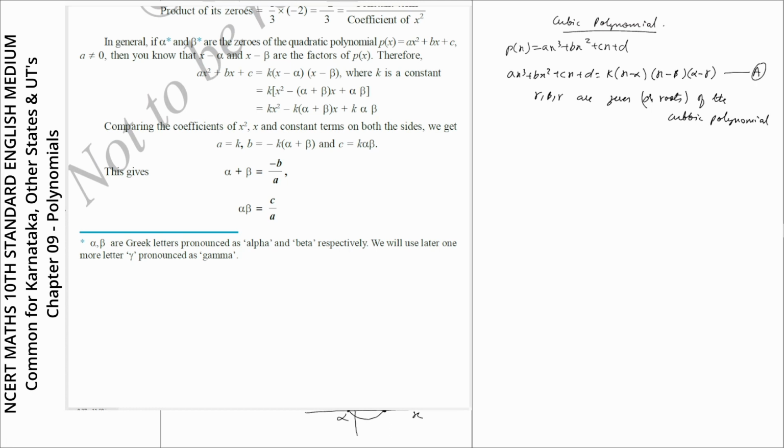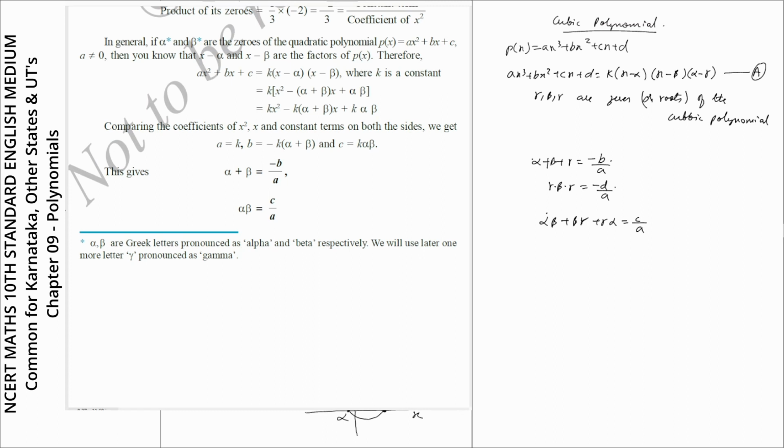When I multiply the right hand side and equate the coefficients of x cube, x square, x and d term, I'll get alpha plus beta plus gamma is equal to minus b by a, alpha beta gamma is equal to minus d by a, and alpha beta plus beta gamma plus gamma alpha is equal to c by a.